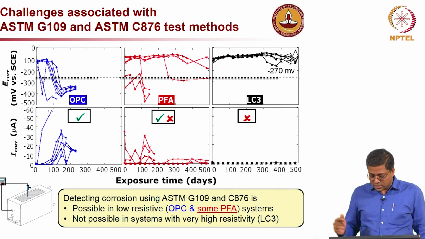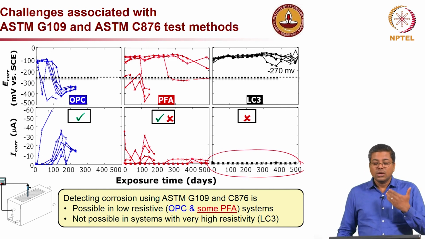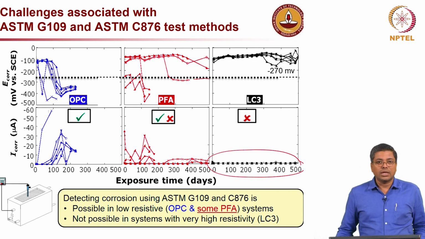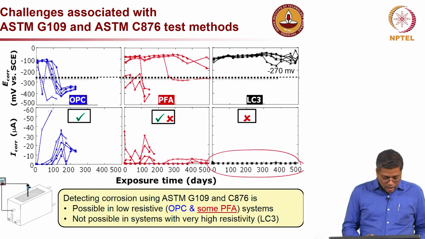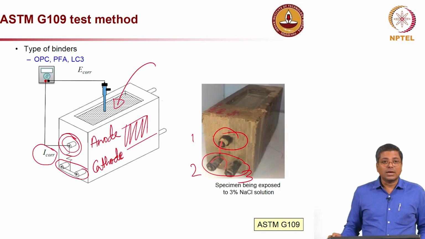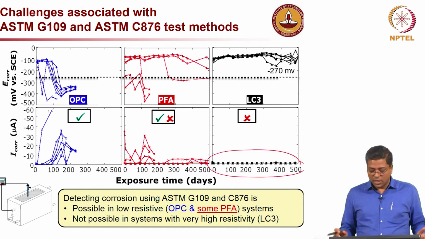We found that when the resistivity is very high, the corrosion indicated by the measurements you are taking is very low. How do we take the measurement? We take the I core, we measure the current between the top and bottom rebar, and that is very low.